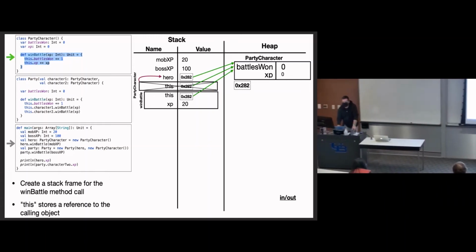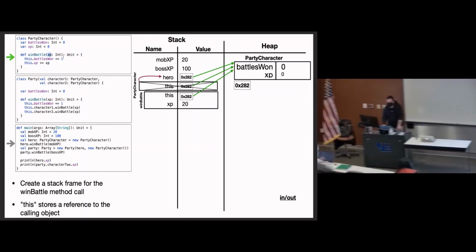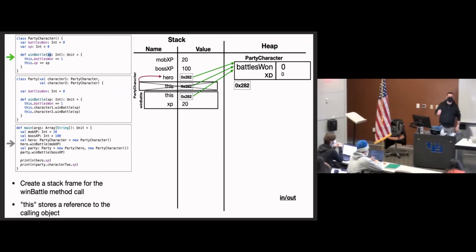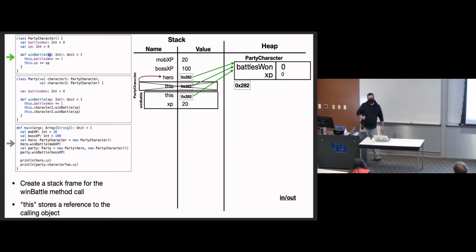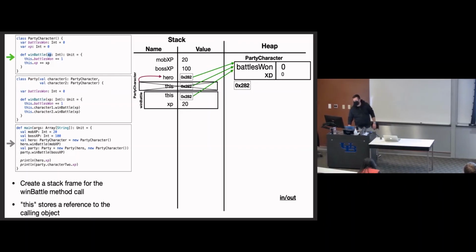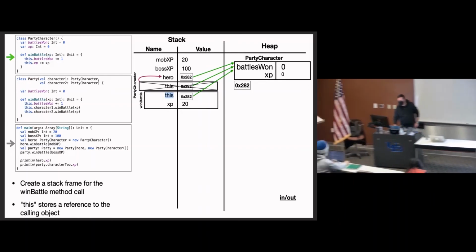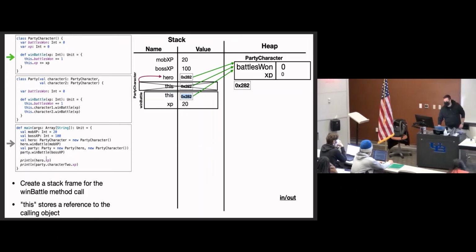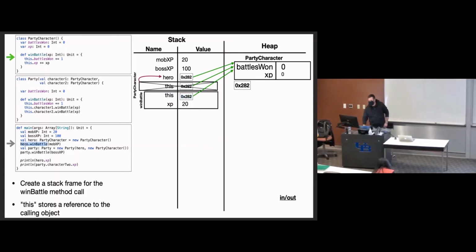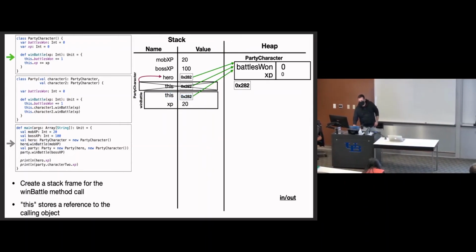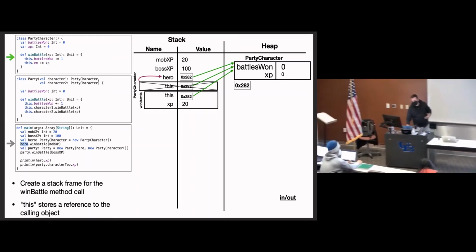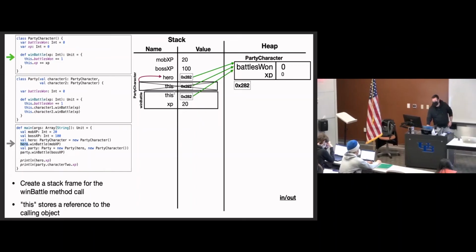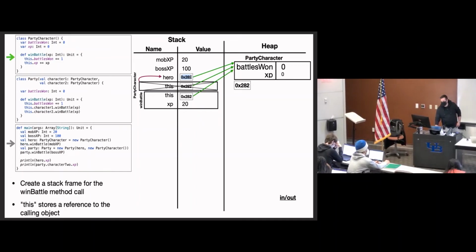That's going to take XP as a parameter, and whenever we have a method call through an object on the heap, we also get a reference to that calling object in this. So this is a reference to the object that called this method. The object that we accessed the dot operator from was the variable hero, which stores a reference 282.